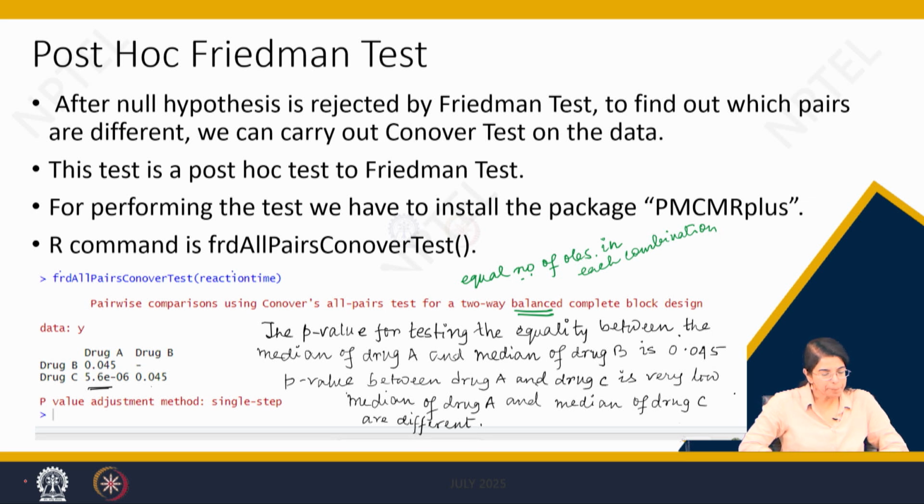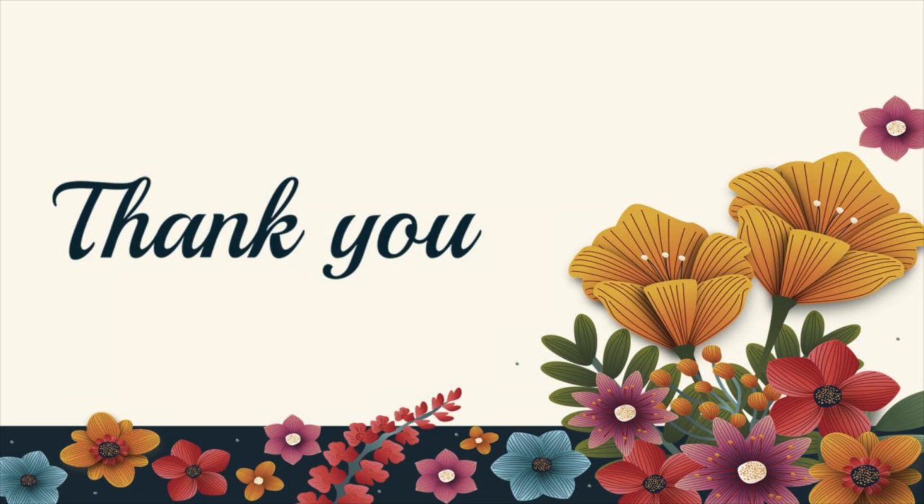So, the p-value for testing the equality between the median of drug A and median of drug B is 0.045. The p-value between drug A and drug C is very low. So, median of drug A and median of drug C are totally different. Now you can identify which pair actually differs, for which your null hypothesis is rejected. So, that's all about the Friedman test.